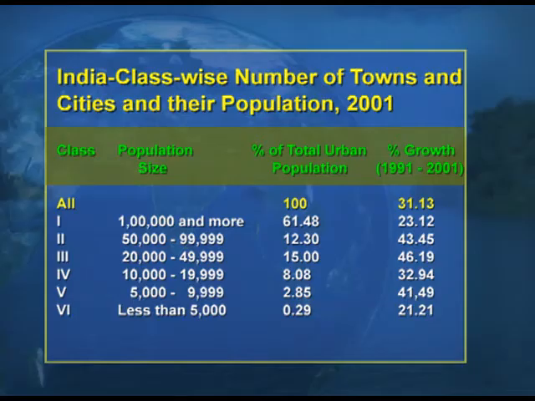Look at the screens, and this will tell you about the class-wise number of towns and cities, because the cities are classified into 6 types: 1, 2, 3, 4, 5 and 6. These types are based on the size of population. If you look at the table from the bottom, you will find that class 6 towns have a population of less than 5,000.